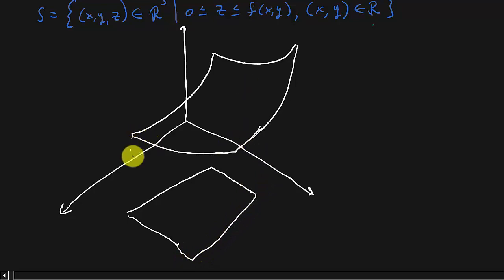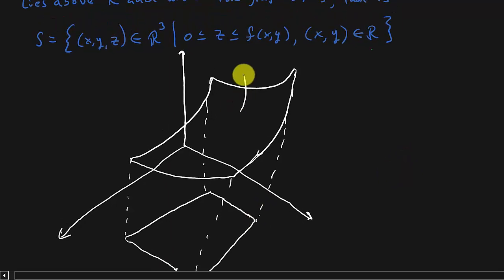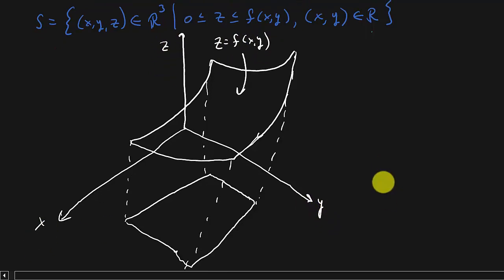You see we've got this surface here, and this right here should be lined up with this, but I know it's not, but oh well. That's what we have. We have a surface, and this surface here is your z equals f of x, y. This is the z-axis, the x-axis, and the y-axis.